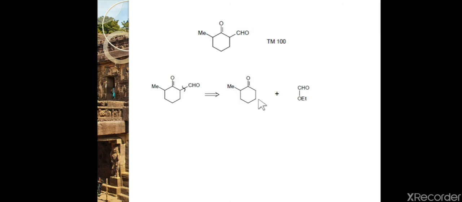Secondly, if we get our final product like this, it will be stabilized by hydrogen bonding or tautomerization. But for tautomerization, there is no hydrogen if the compound forms with CHO over here. So if we treat 2-methyl cyclohexanone with base and ethyl formate, we get our target molecule TM100.